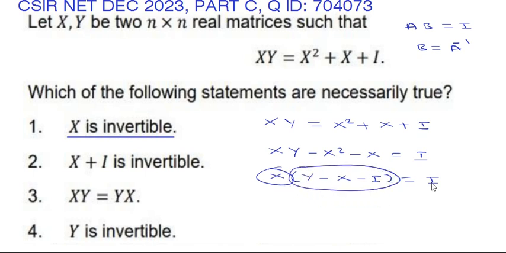When we multiply these two matrices, we get the identity matrix. So that means this is the inverse of X, that is X inverse equal to Y minus X minus I. So this implies the matrix X is invertible. So the first option is correct.